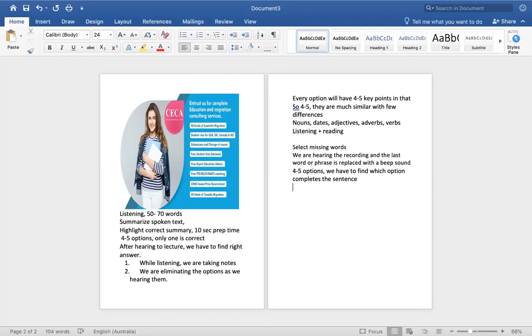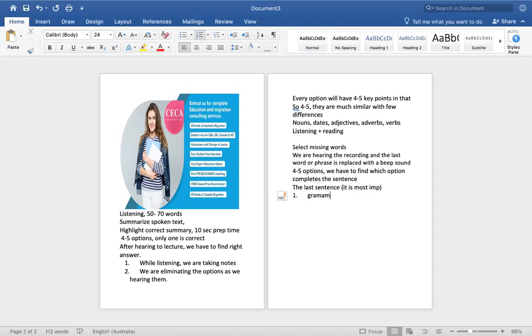For this item type, the last sentence of the recording is the most important. Why is it most important? Because that sentence will tell you what option to pick, and there are 3-4 ways it can tell you.